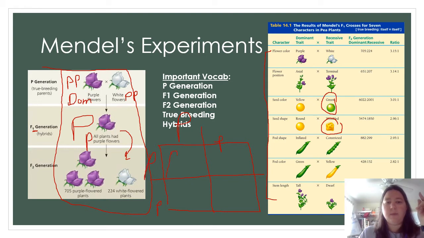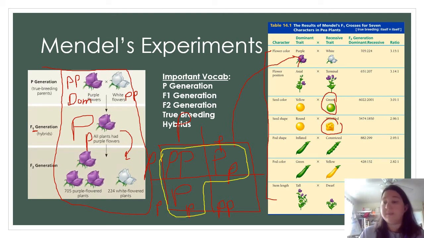We get big P big P, big P little p, big P little p, little p little p. All of the flowers that had one dominant allele, one capital P, came out purple. So 3/4 of the boxes, about 75%, came out purple, whereas one box, 1/4, came out white.